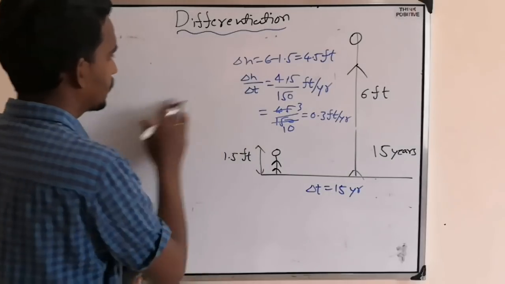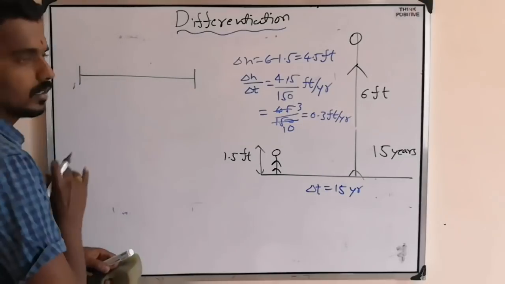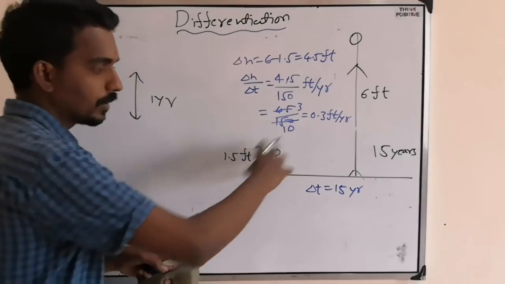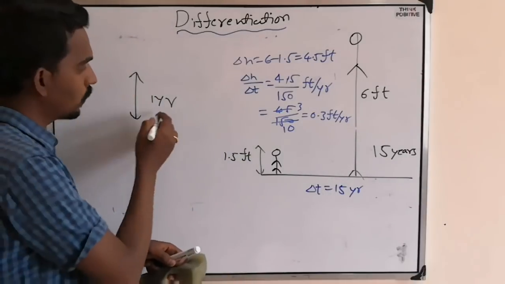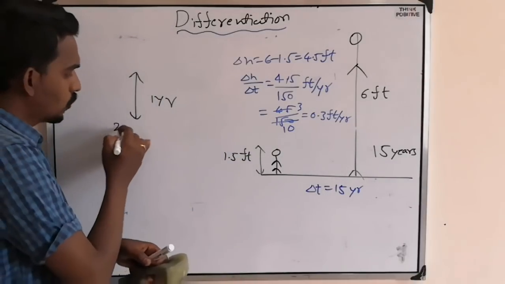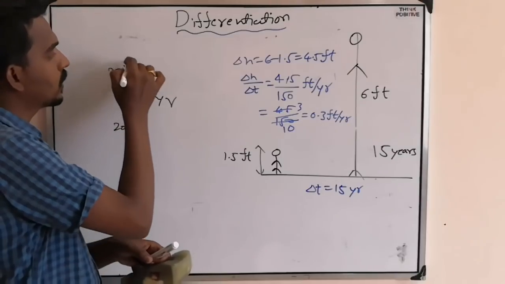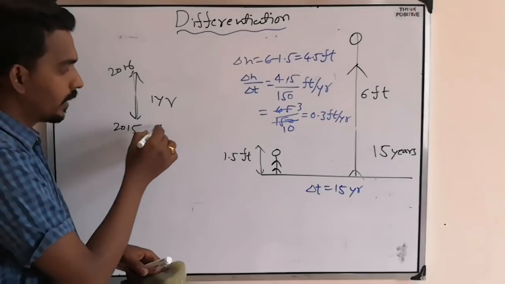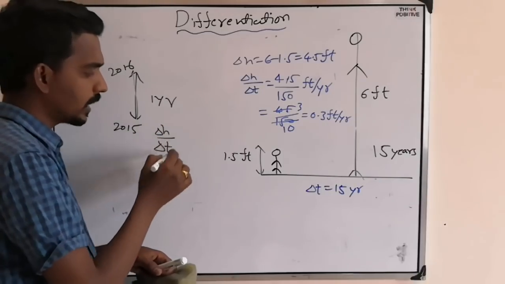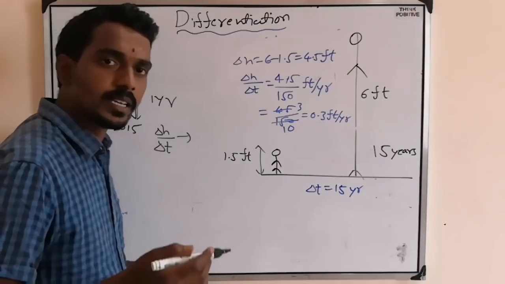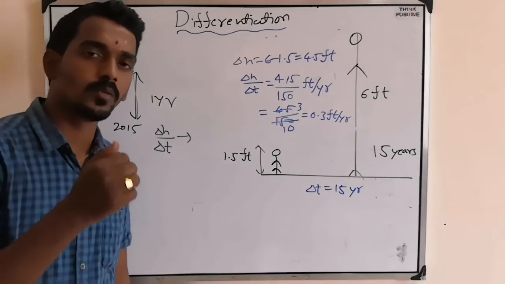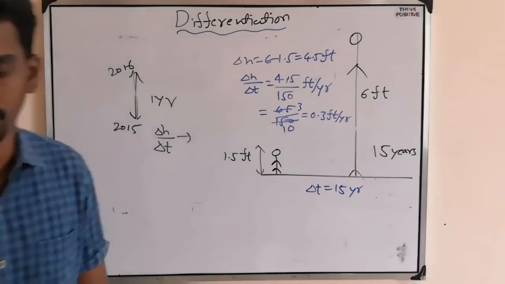Or else, suppose you take your growth over only 1 year, 2015 to 2016. Now this is delta H by delta T, the average change in your height.